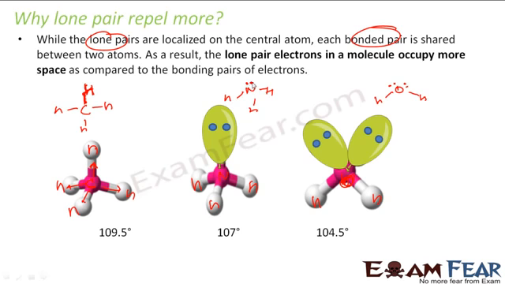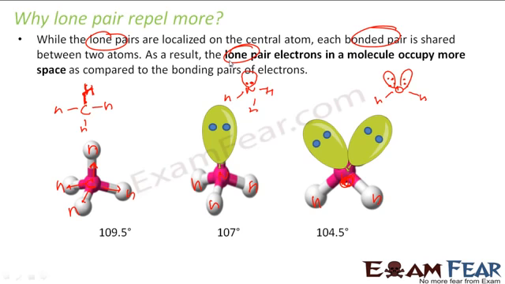This one, if you see, is totally sitting here. So this one repels more, because these electrons are not shared, they are totally here. That's why the lone pair wants to occupy more space, and since they want to occupy more space, they repel more, correct?